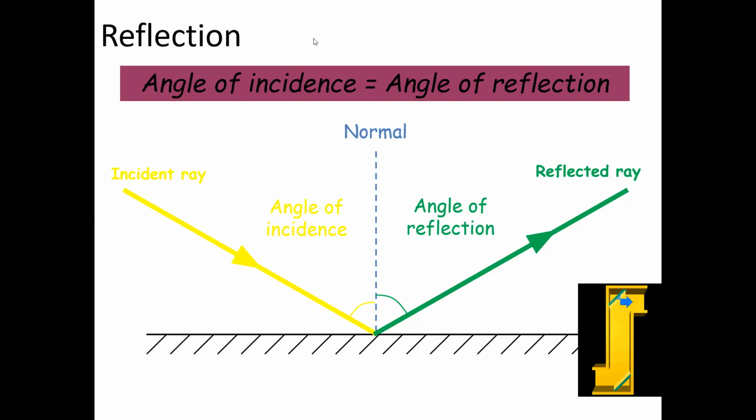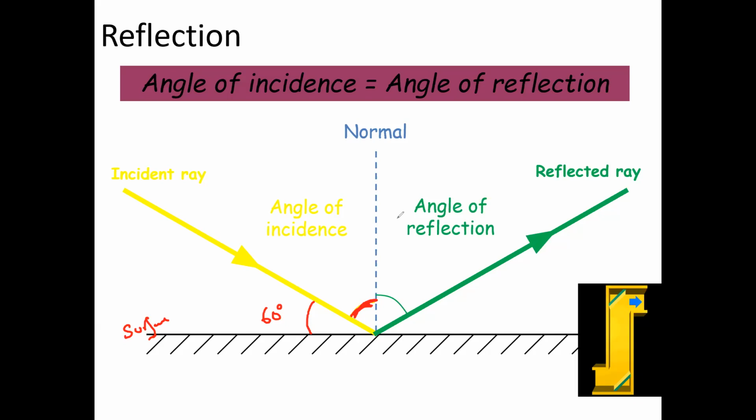For example, if the angle between the incident and the surface is 60 degrees, what will be the angle of incidence, the angle between the normal and the incident?